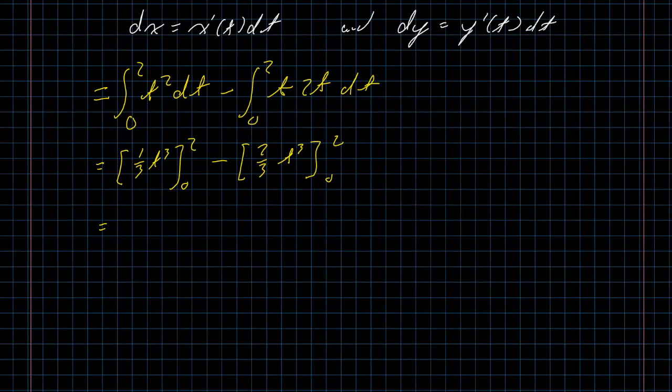All right, 2 cubed is 8, so we're going to have 8/3 minus 0. We're going to have 16/3 minus 0. 8 minus 16 is -8. So the work done by this force on this path is -8/3.